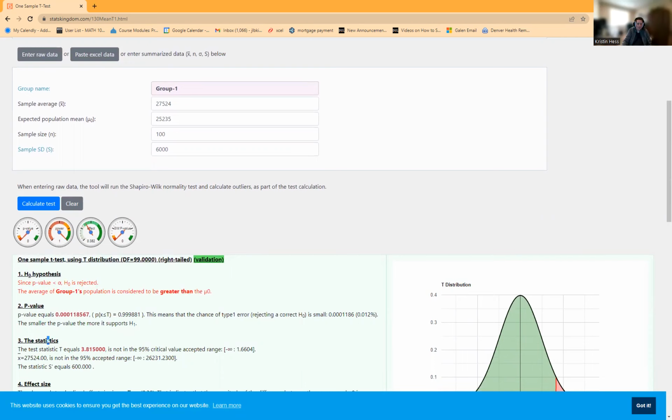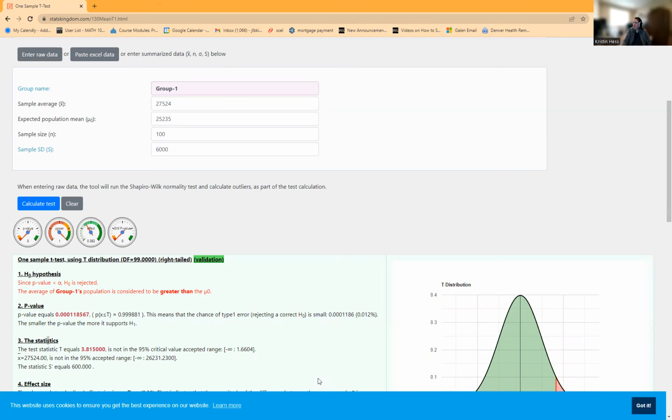I'm going to show you another similar problem and talk you through this one as well in terms of what you would put in the calculator. So for this problem, we have a student. So we have that they surveyed 58 students, and we have a sample mean, a sample standard deviation.